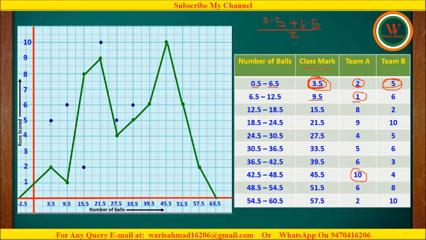Next 33.5 and 6. Next point will be on 39.5 and 3. Next point will be on 45.5 and 4. Next point will be on 51.5 and 8. And the last point is on 57.5 and 10. Similarly, we have to join all these consecutive points like this.